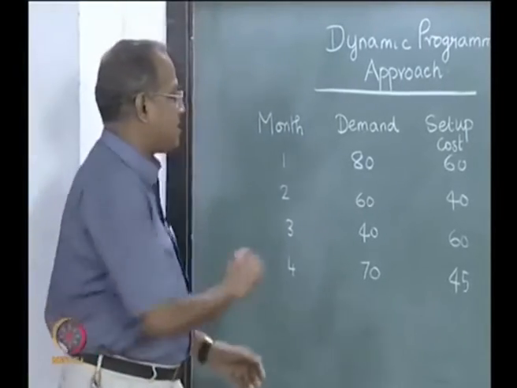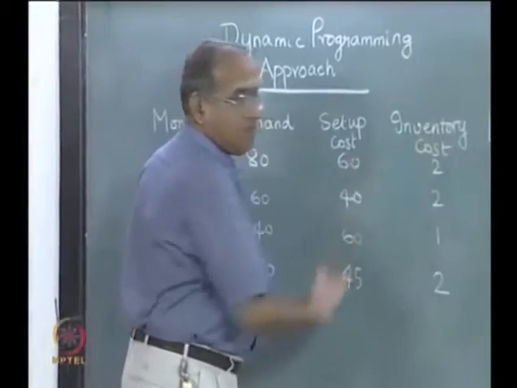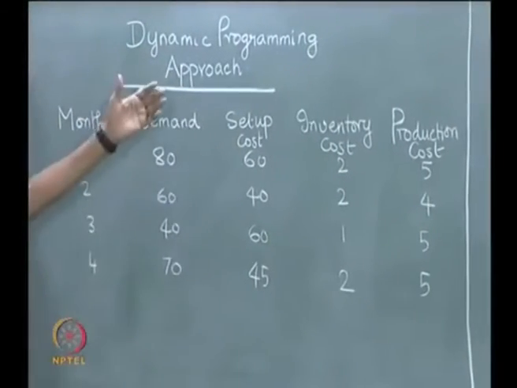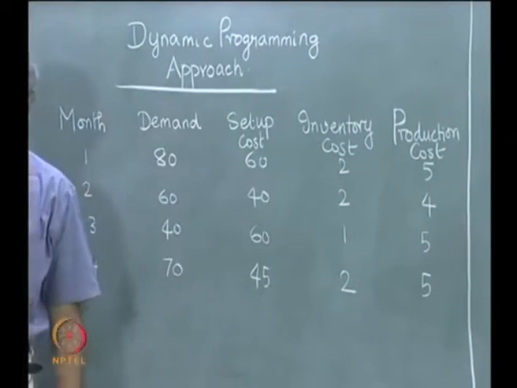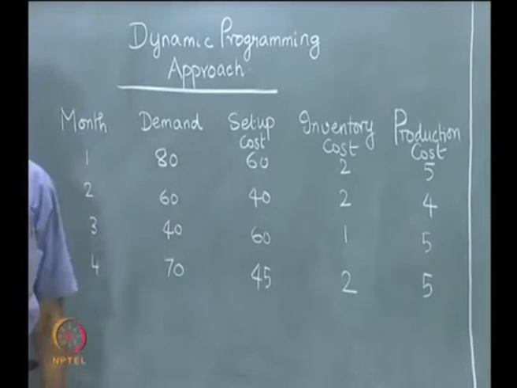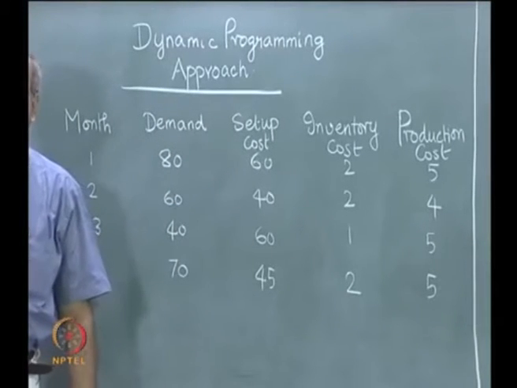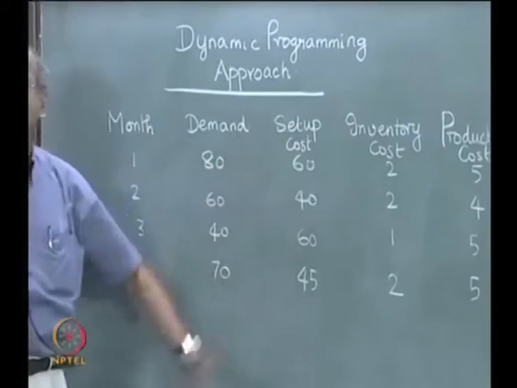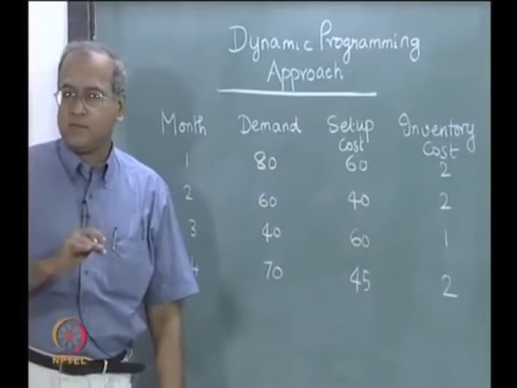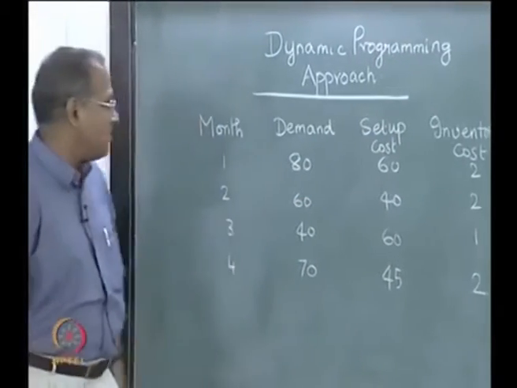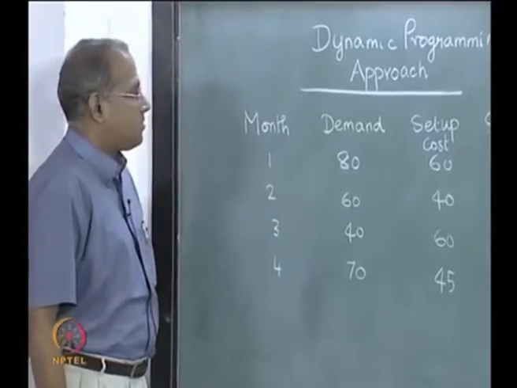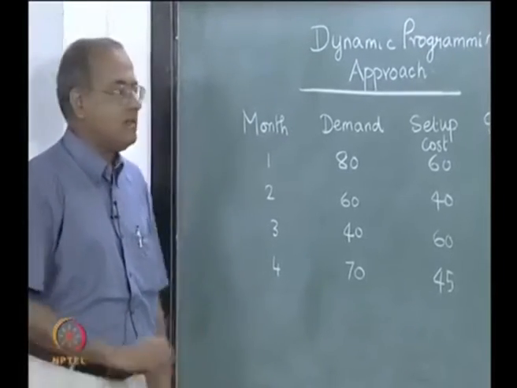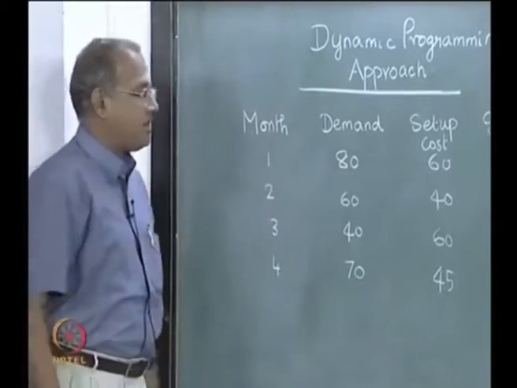Also note that this problem does not have an initial inventory, and there is no desired ending inventory. So we do not wish to have any ending inventory at the end of this period. There is no beginning inventory as well as no ending inventory in this particular example.